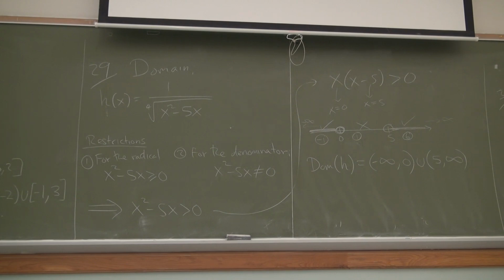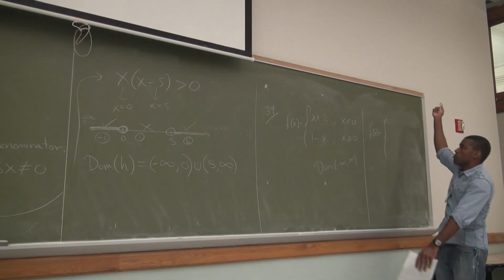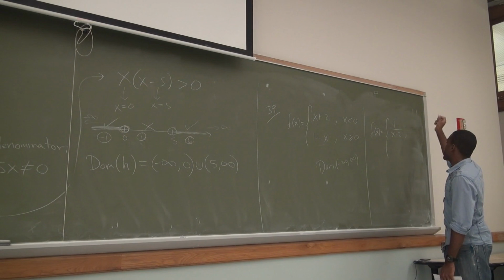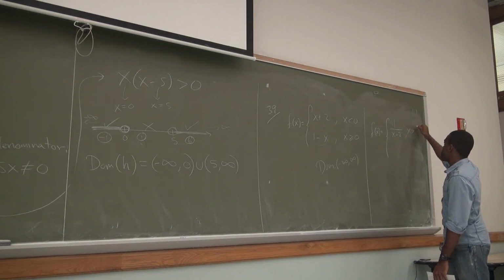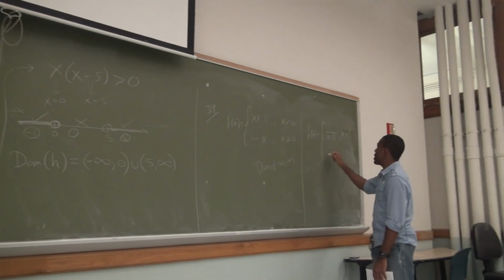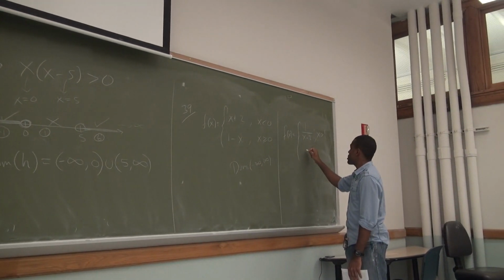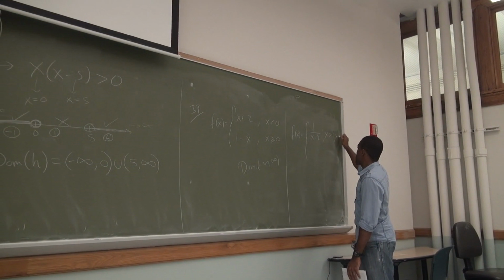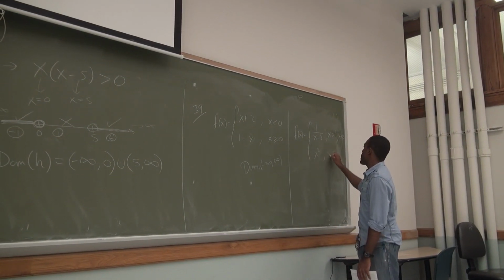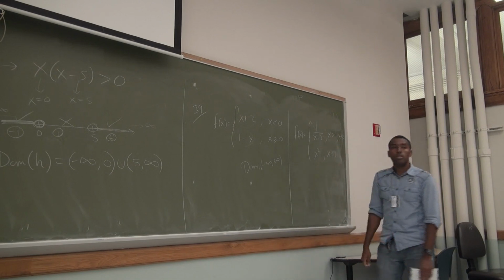Because anything will work. If you had something like 2 for x greater than 1, of course, here your x cannot be 2, right? And then something like x squared for x less than or equal to 1.